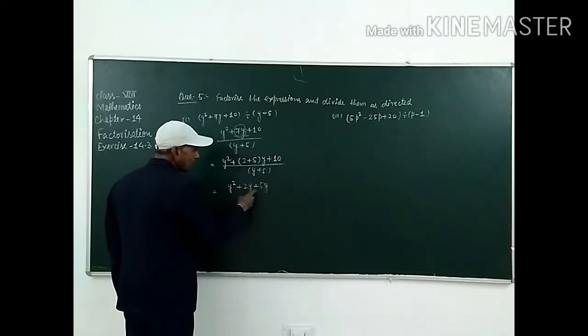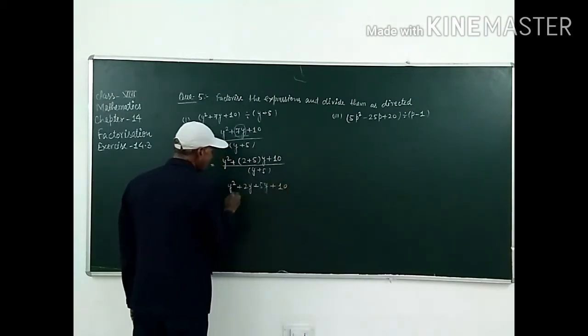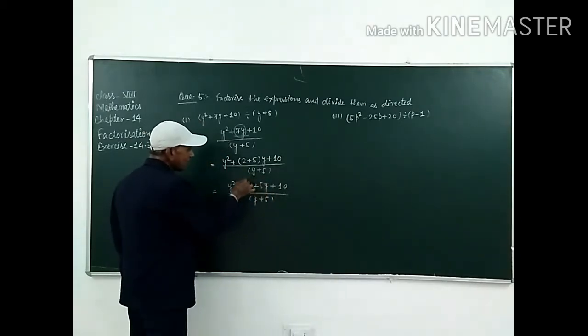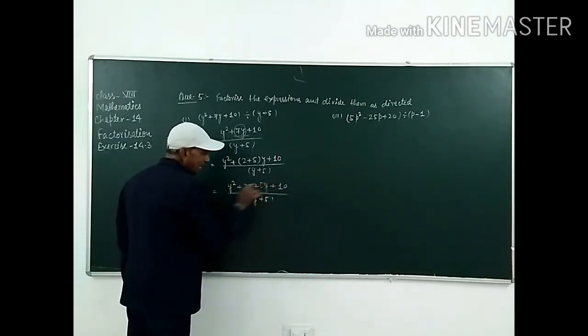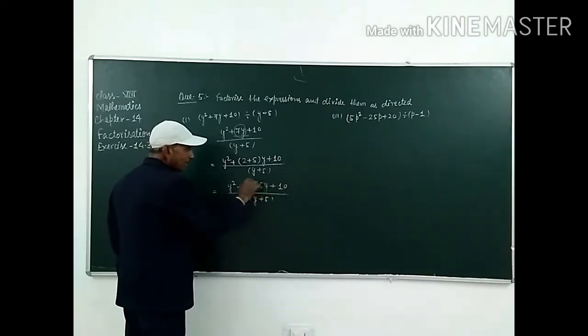This one 2y plus 5y, that is 7y, students, plus 10 divided by y plus 5. So students, we have split this middle term in two parts, 2y plus 5y. If we multiply this, 2 into 5 is 10, y into y, that will be 10y square, that is equal to the product of first and last term, that is 10y square. And if we add these two terms, it will be 7y.